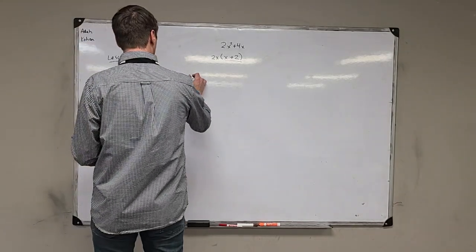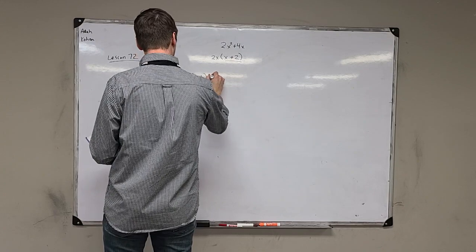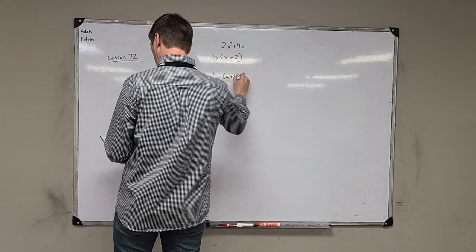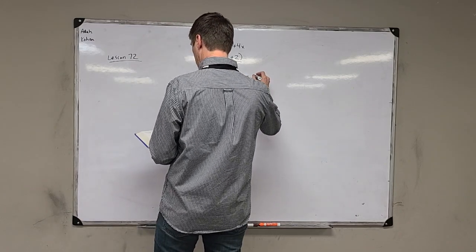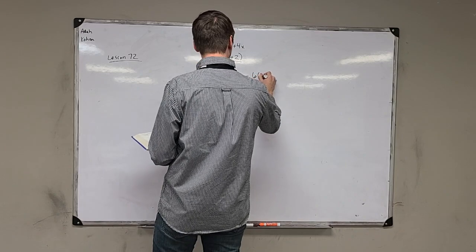All right, so let's look at this for example. (a plus b) times x squared minus (a plus b) times x minus 6 times (a plus b).